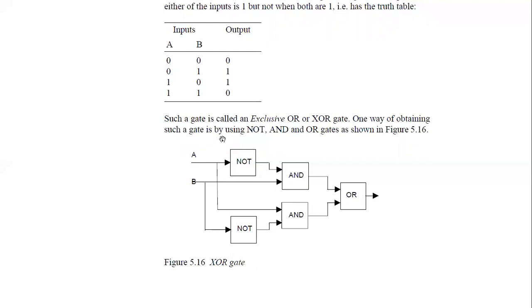You can see that the gates that are there are the NOT gate, the AND gate, and the OR gate. Going for, let's say, for example, the input A, input A is taken through the NOT gate. We say the NOT gate is also called the inverse gate. So the A input is inverted. Then it is taken through the AND gate.